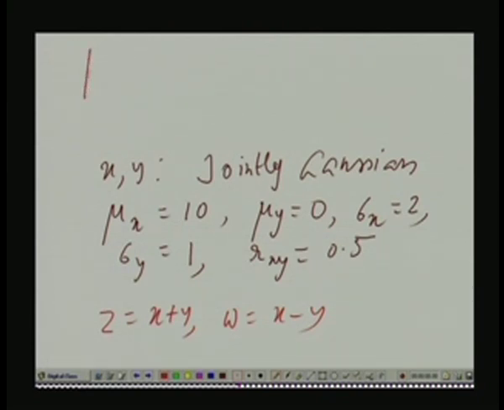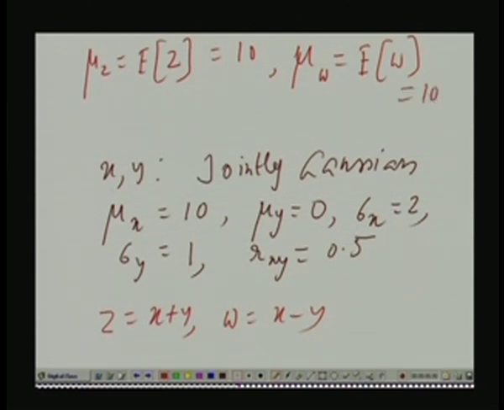So what is mu z? That is E of z, which is nothing but E of x plus E of y. E of x is 10, E of y is 0, so this is 10. Similarly, mu w is again 10 obviously, because E of x is 10 and E of y is 0, so 10 minus 0, 10.